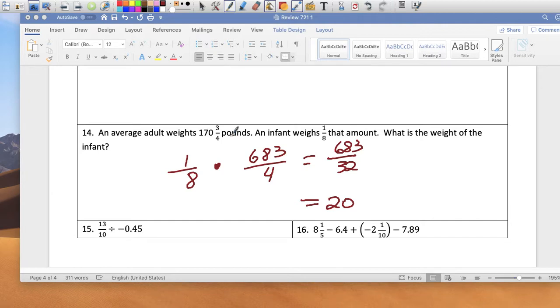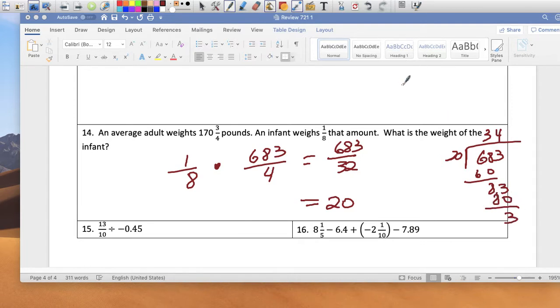No, it shouldn't be 20 times. 640 plus 32. Right, I'll just do it. 20 times 3 is 60. 20 times 4 is 80.